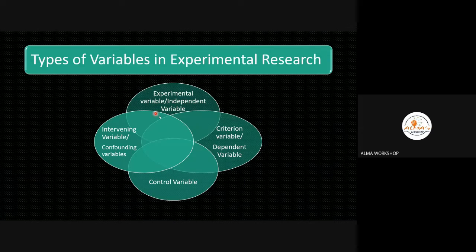The independent variable is otherwise called the experimental variable. And we have the dependent variable, also called the criterion variable.